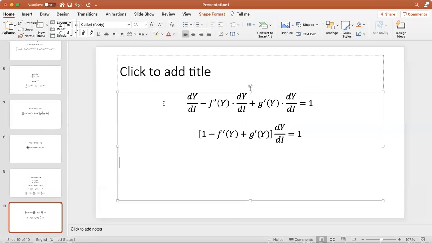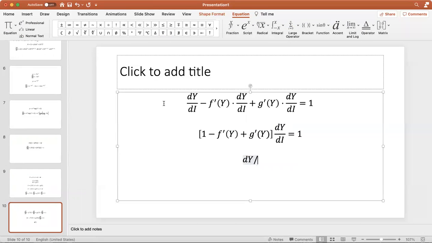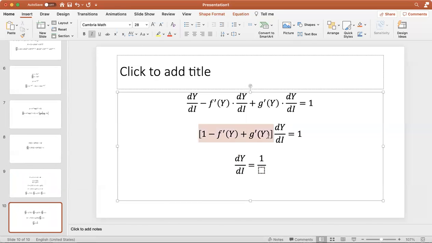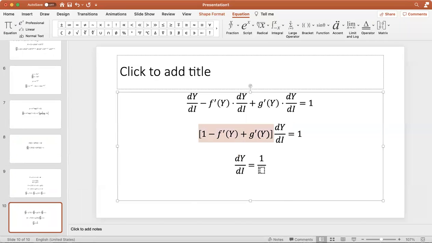Therefore, dy over di is equal to 1 over 1 minus f prime of y plus g prime of y. Okay?